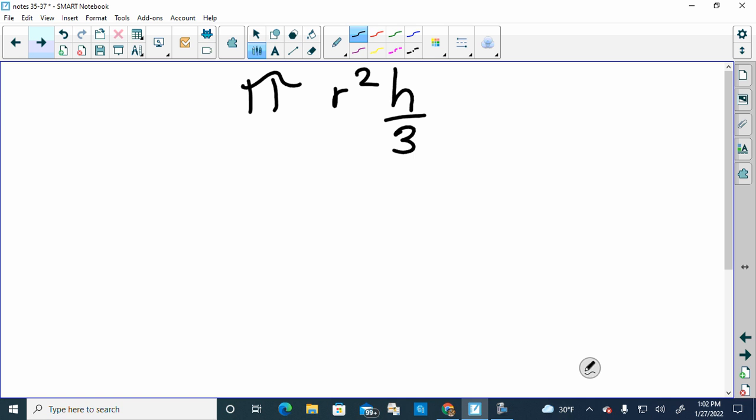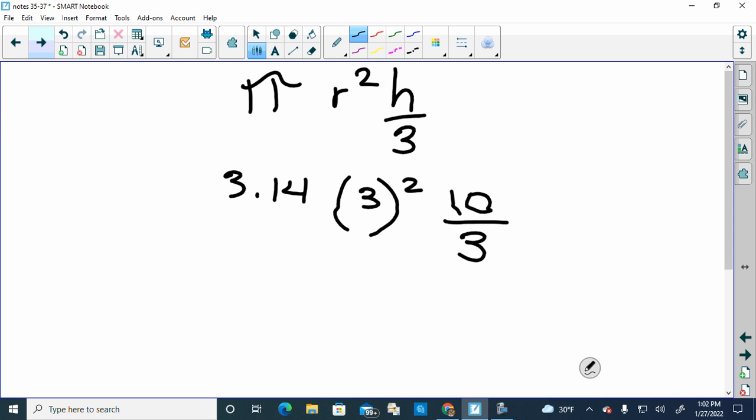They didn't. But we are going to use 3.14 because it says round your answer to the nearest tenth, so we're not leaving it in terms of pi. So 3.14. Did they give us r, which is 3? Did they give us h? 10. Got everything we need to know.